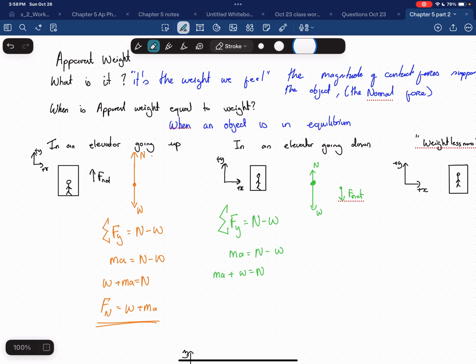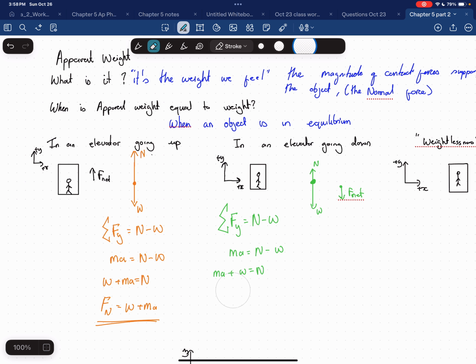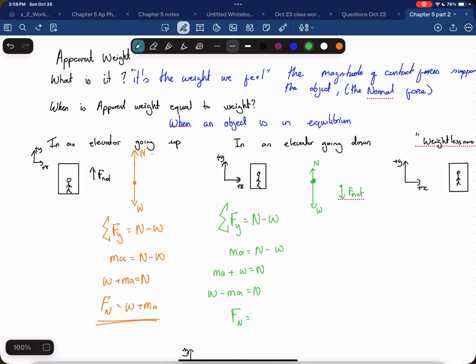My acceleration is negative, my net force is negative, so really my equation is going to be equal to weight minus ma. Remember, force normal and normal are still the same thing. Just write it the way you see it in your book. So we feel less weight: Fn is equal to W minus ma.